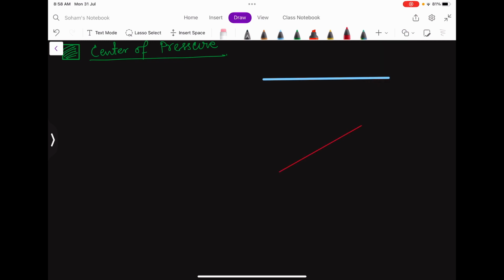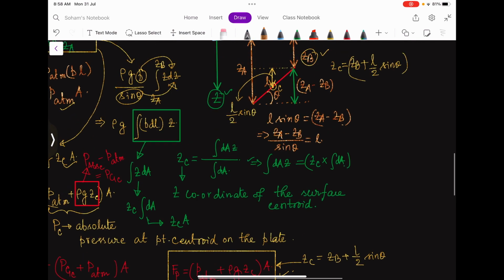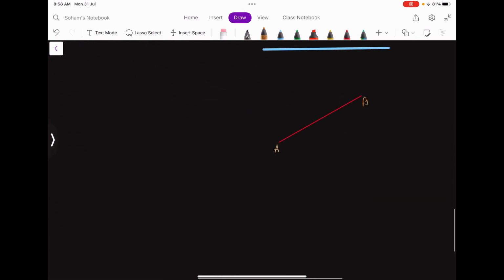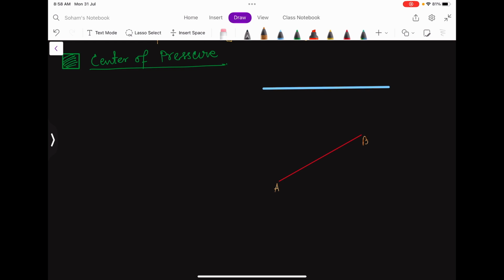At this point, this was our B and this was our A. If I ask you that PB is what? PB is P ATM plus rho G ZB. ZB is the depth of the point B. PA is P ATM plus rho G ZA. This we have learned.